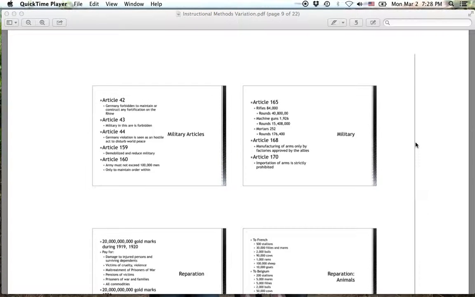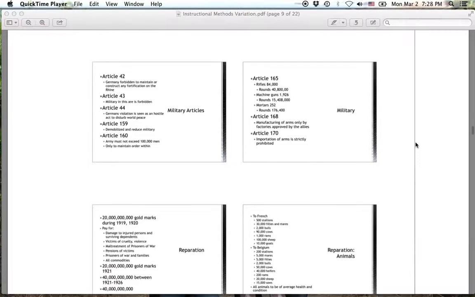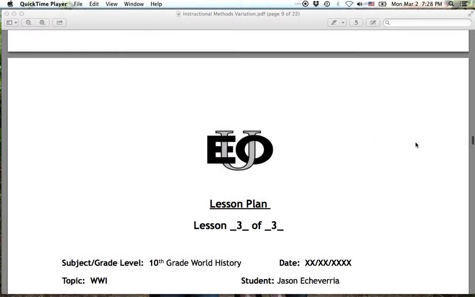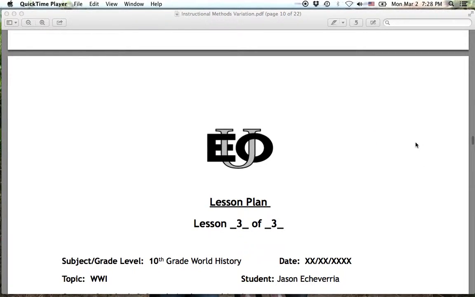They're still going to have the excerpts in front of them. The teacher would go through the PowerPoint lecture and then direct them to get into groups or just work with a partner and ask them to summarize a couple on their own.